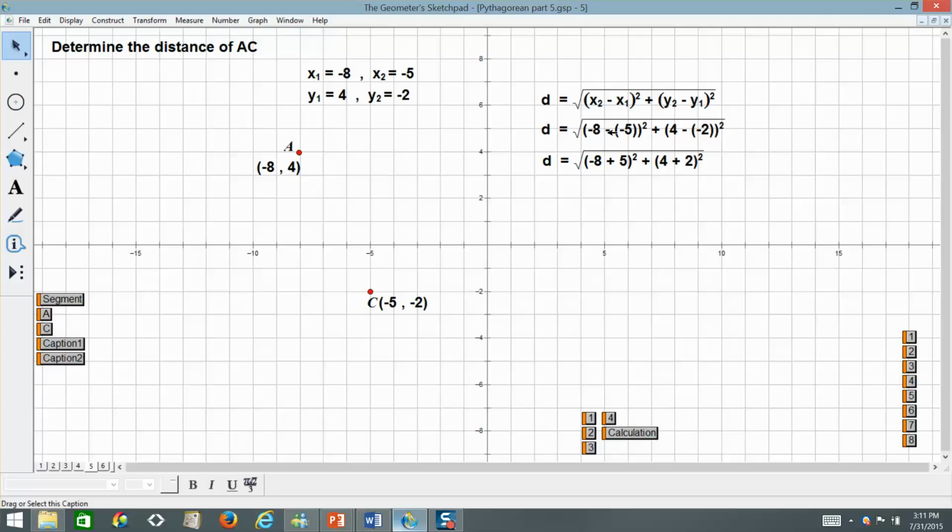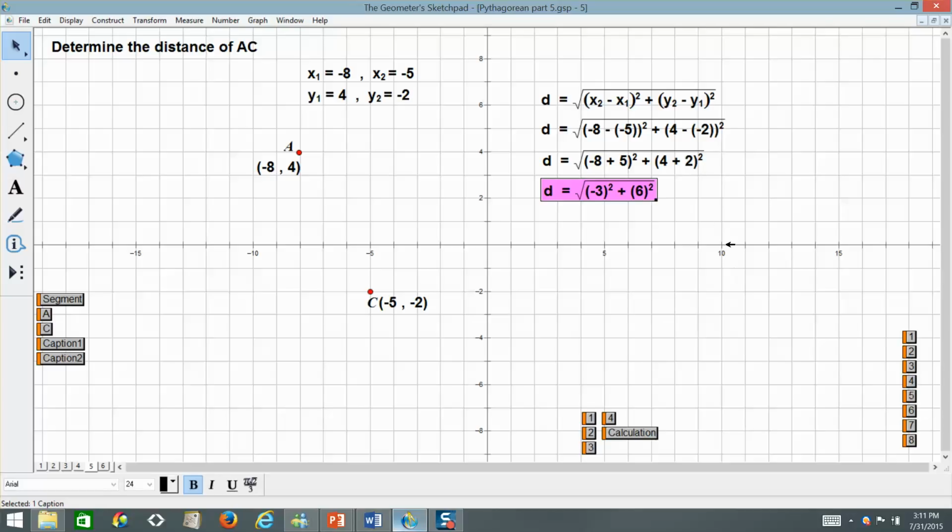This one is negative and this is minus, so we multiply the signs and we get plus. Also this sign, we get plus. So we get D is equal to the square root of negative 8 plus 5, squared, plus, in the bracket, 4 plus 2, squared.